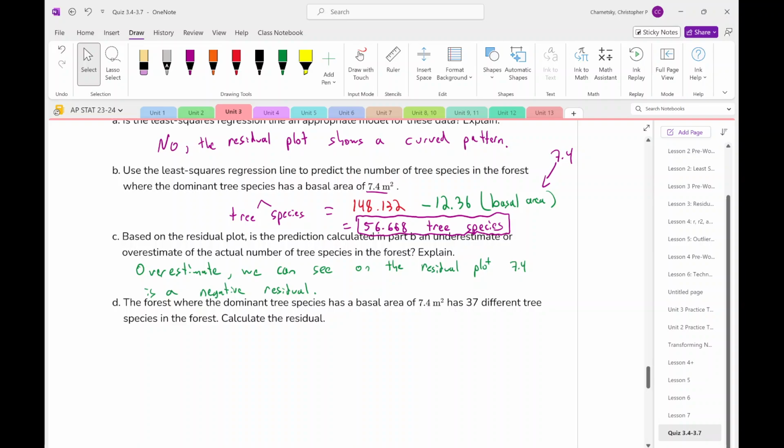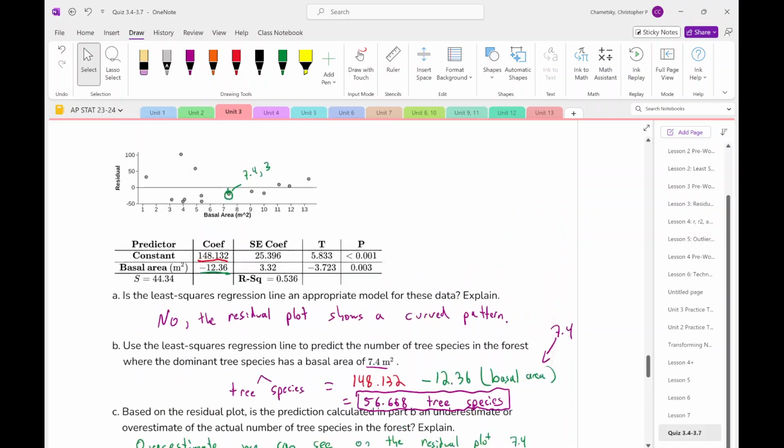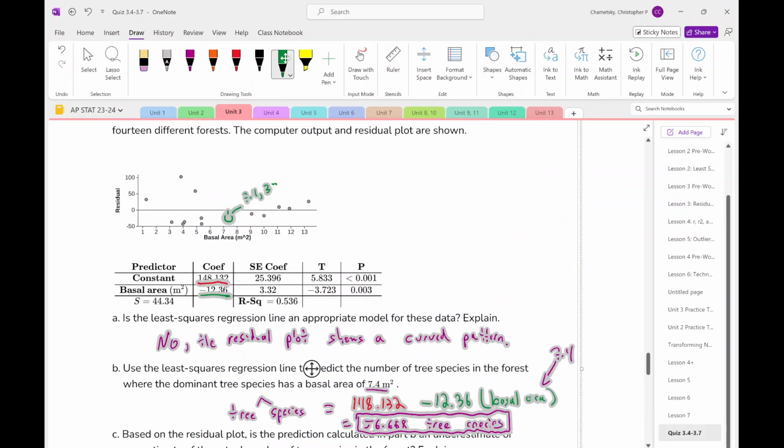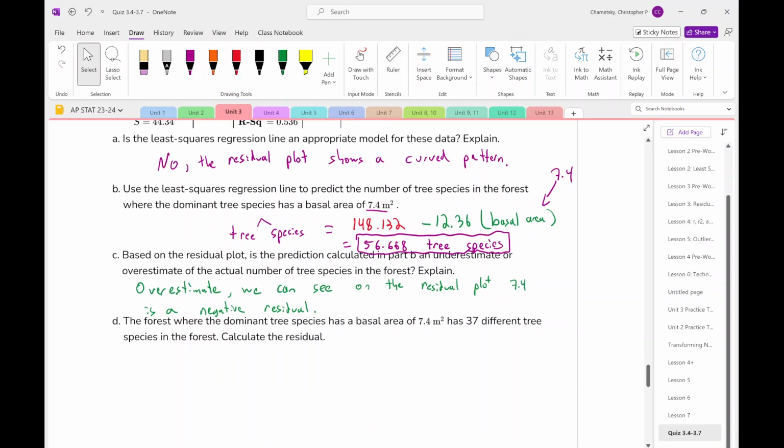Okay. The forest where the dominant tree species has a basal area of 7.4 has 37 different tree species in the forest. So basically, this is telling us this actual value right there is 7.4 comma 37. So we're trying to figure out what is that residual. Okay.